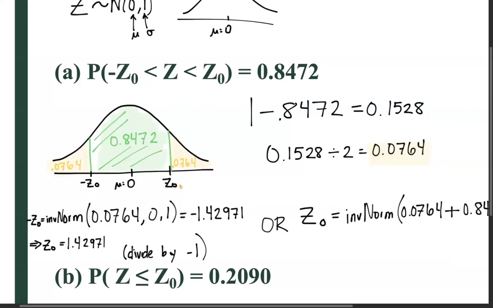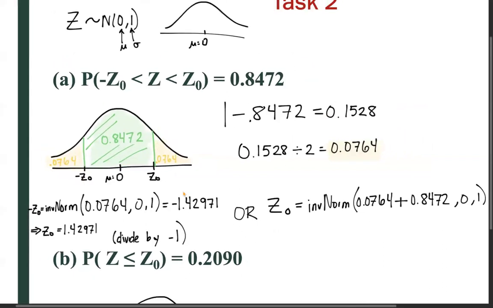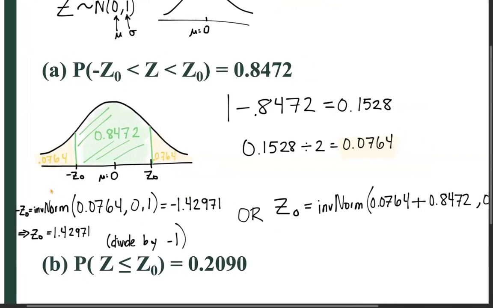Okay, so now I'm set up to be able to use the inverse norm function because I know the area under the curve where the different dividers are. Okay, so there's 2 ways that you can think about doing this. The first way I'll show you is we can use the inverse norm function to find this value here, which is negative z0.